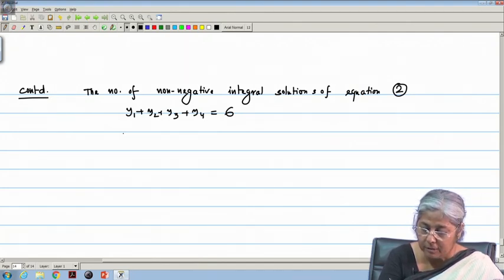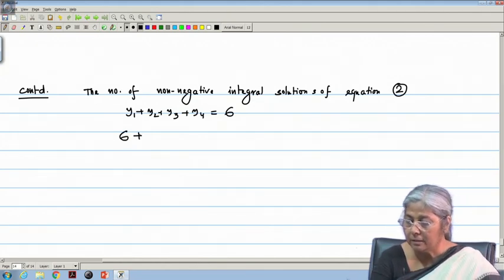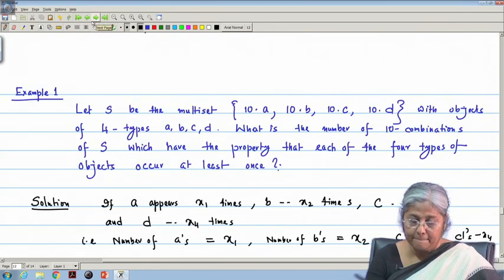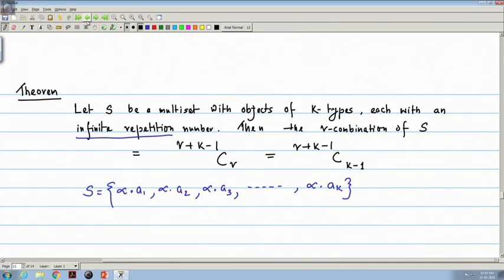If we see the statement, it is R plus k minus 1 C R, the R combination of S with k different types of objects.